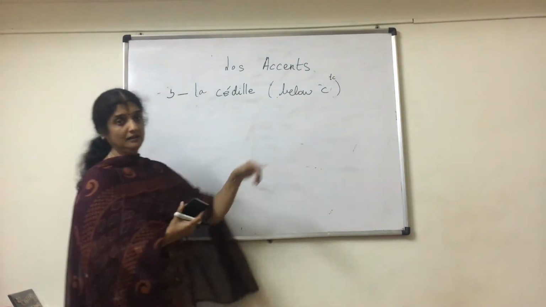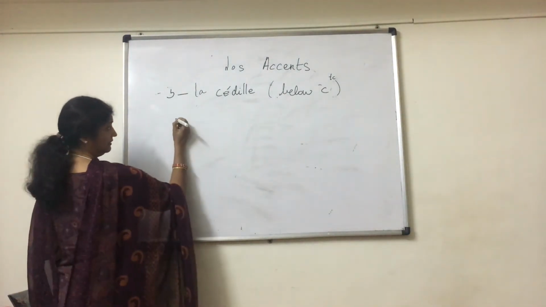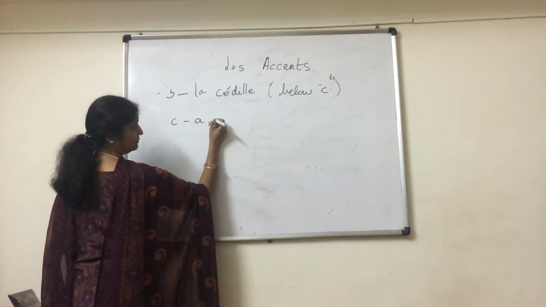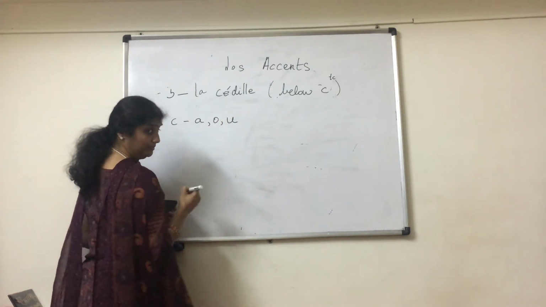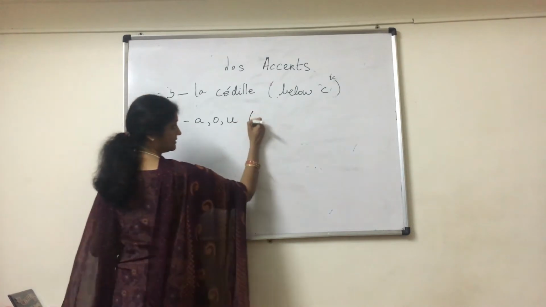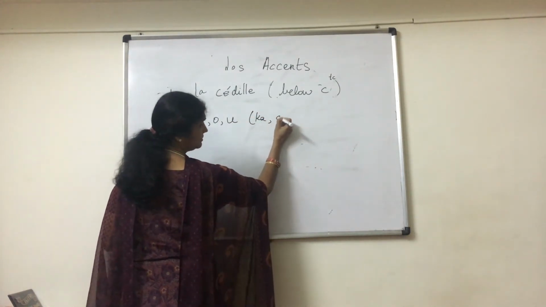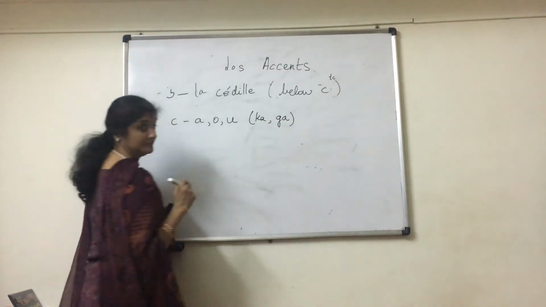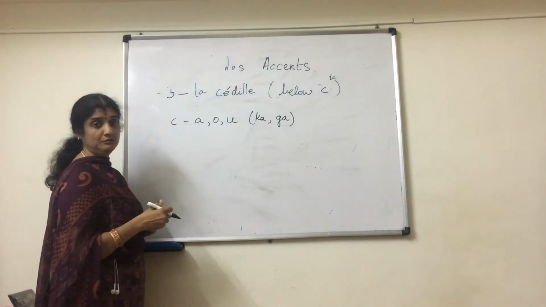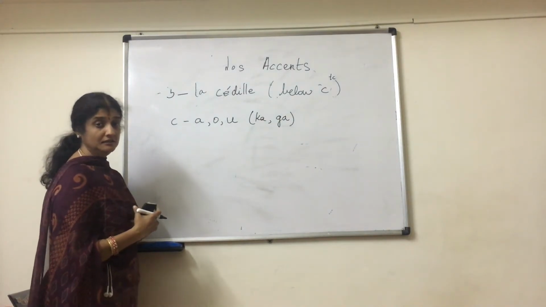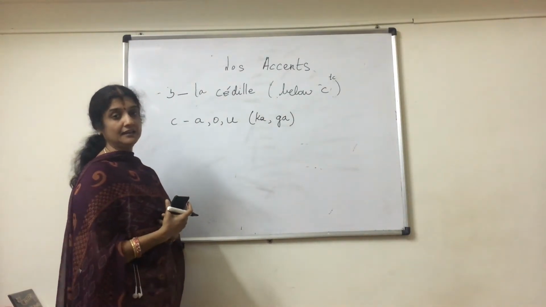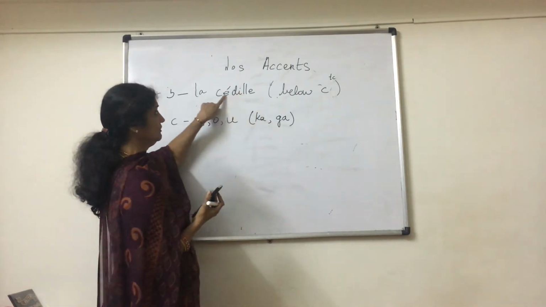But when C is followed by A or O or U, it always takes the K sound or the G sound. But C followed by E and I retains the original S sound.